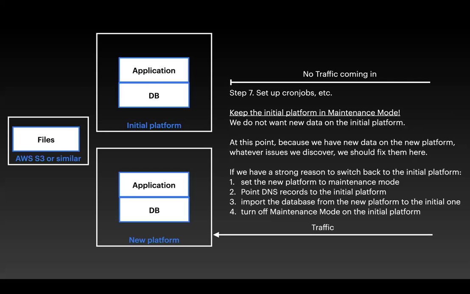Because you have updated the DNS records and the users are using the new instance of the app, try to avoid as much as possible going back to the initial platform, right? Because that has new data missing, so it's not there anymore.